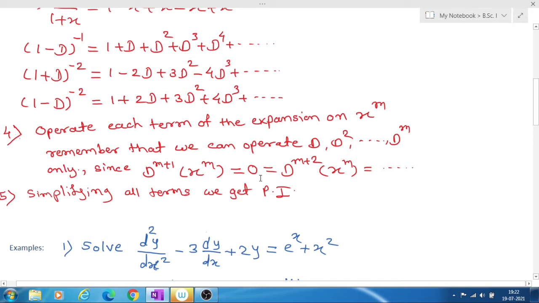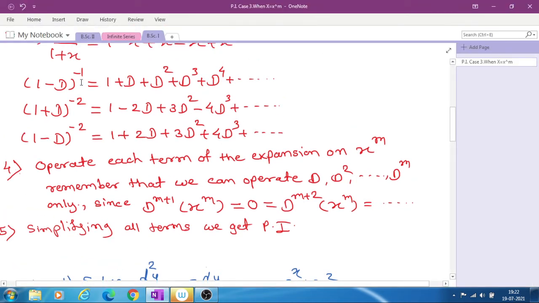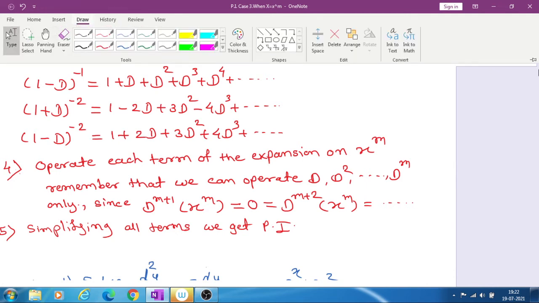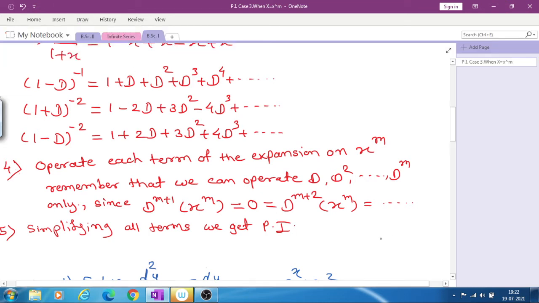For example, if there is x square and we have to operate d square on x square, the value of d square means second derivative.